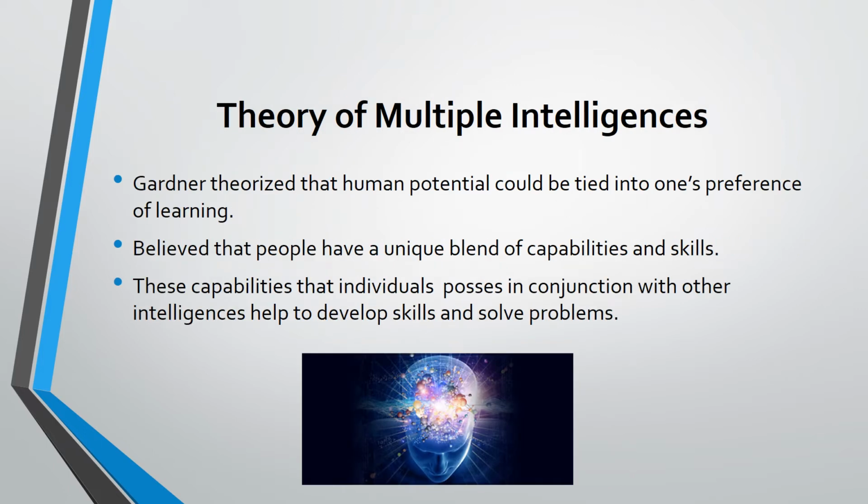Gardner theorized that human potential could be tied into one's preference of learning, and he believed that people have a unique blend of capabilities and skills. These capabilities that individuals possess, in conjunction with other intelligences, help us to develop skills and solve our own problems. And we see this in our own classrooms.